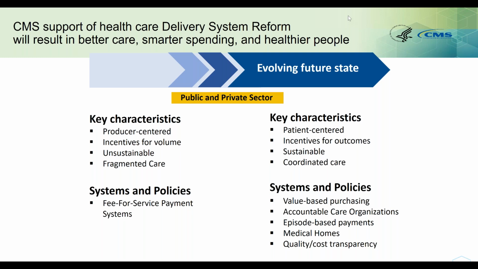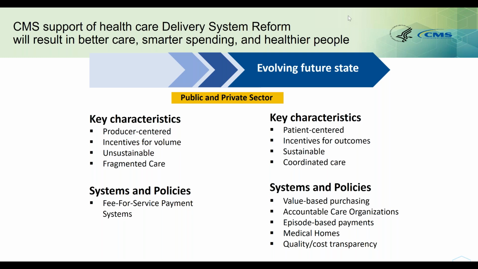Where we're going, and where we're already seeing significant progress, is in a future state that is much more centered around the patient's needs, where what we're paying for is better health outcomes at lower costs, which we believe will be much more sustainable, and will actually directly incentivize coordinated care. And there's a number of ways to do this.